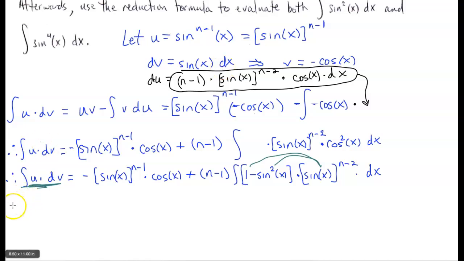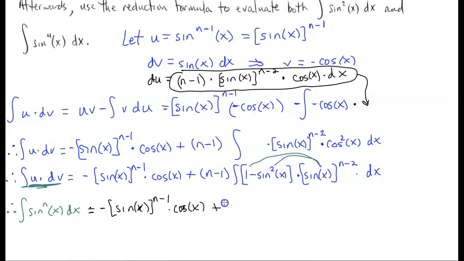So here, since we don't want to forget it, I'm going to go ahead and write it in here. This is going to be sine of x raised to the nth power, and here, of course, need to rewrite all the rest of this stuff. Cosine of x plus n minus 1.